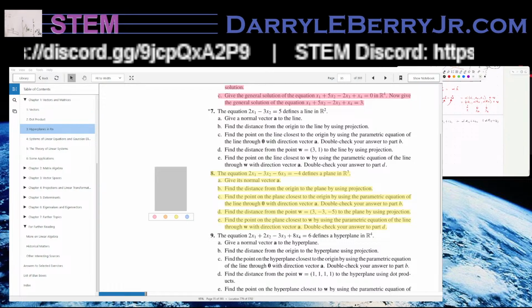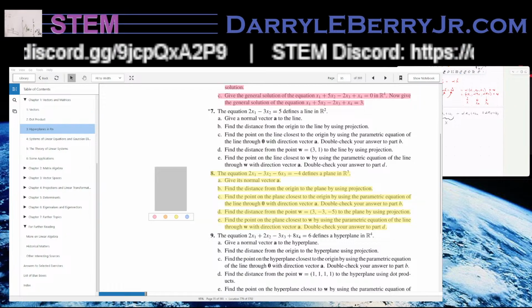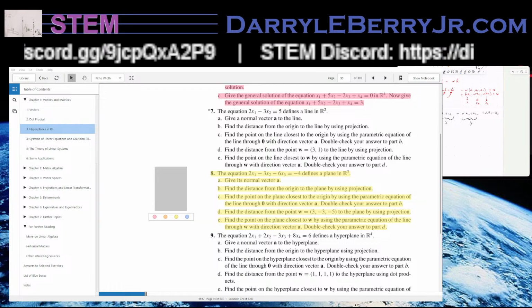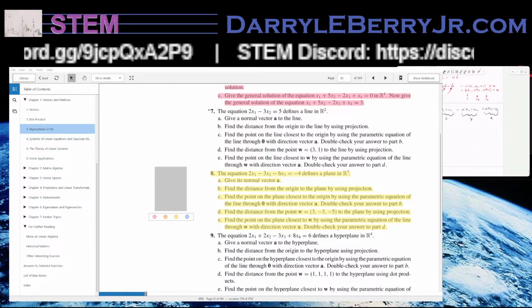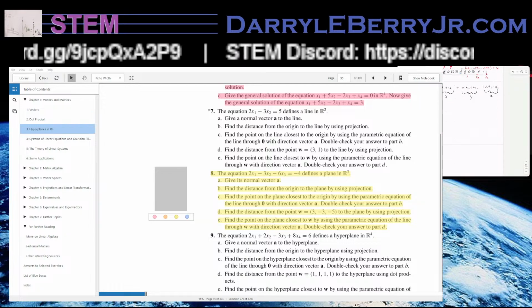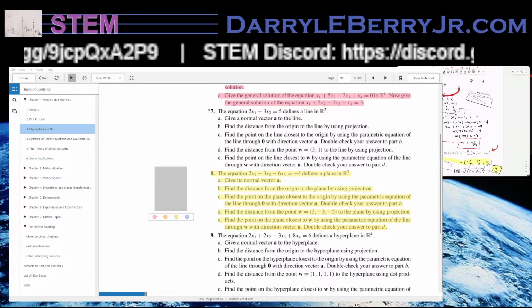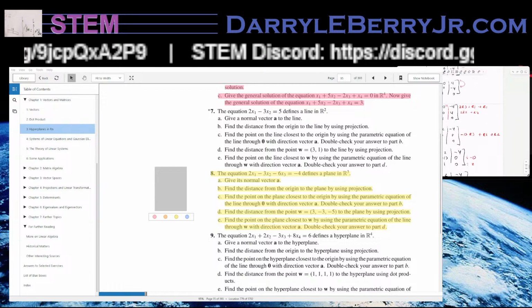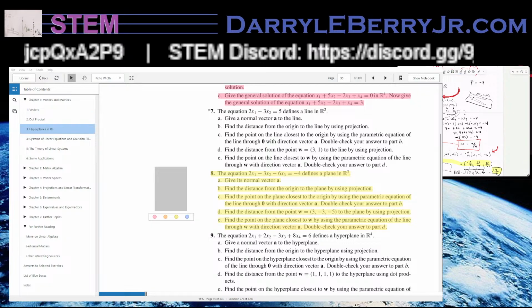What we can do is simplify this so that this is X, this is Y, and this is Z. So that means the plane would be, and do I have that copied? No. It's still our plane.